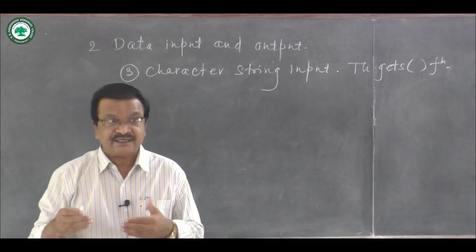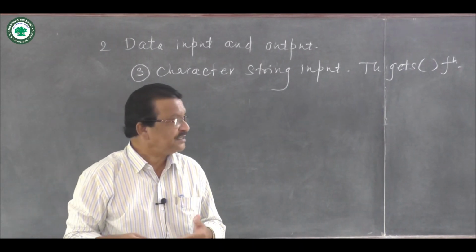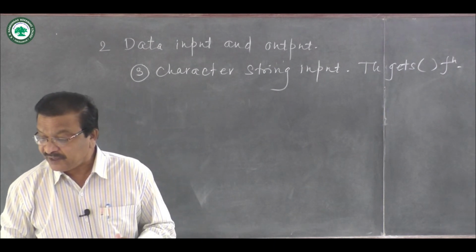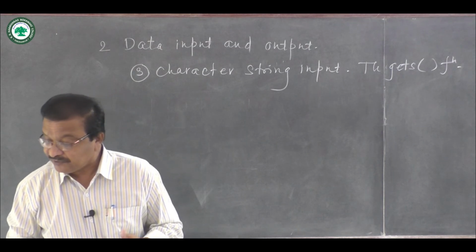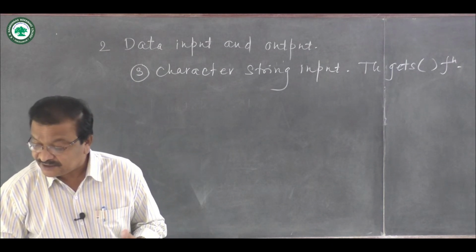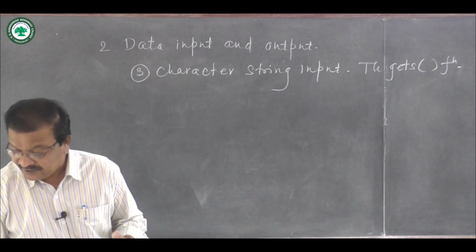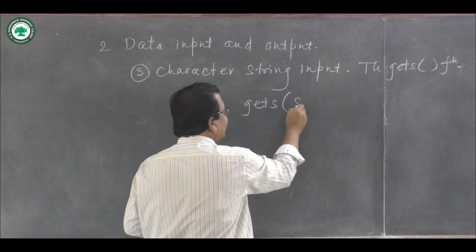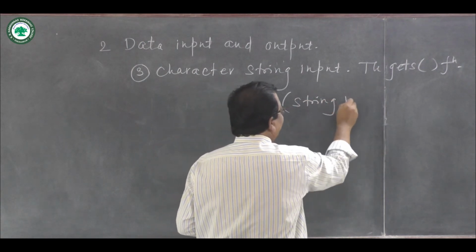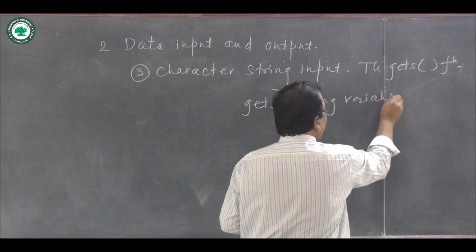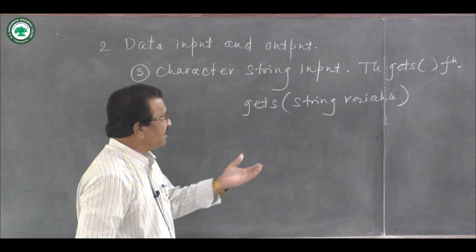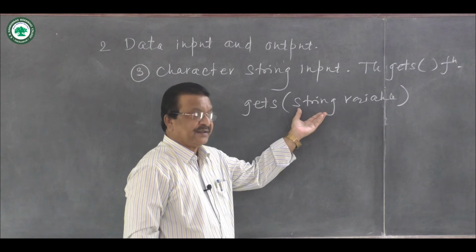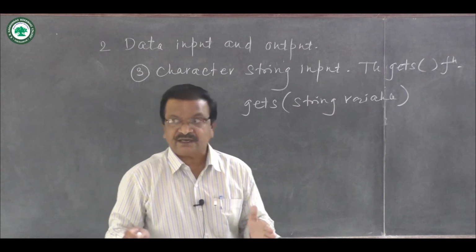It will return a string of characters from the standard input device, namely keyboard, and store it into the memory of a computer. The general form is gets, and in parentheses we have a string variable. This string variable is the name of a character array in which a string of characters will be stored.